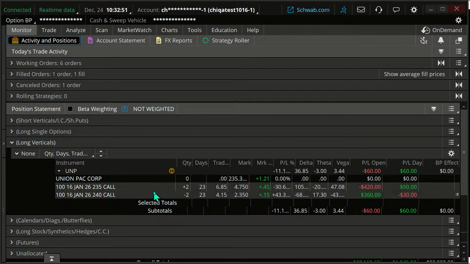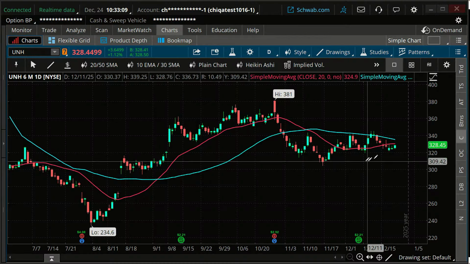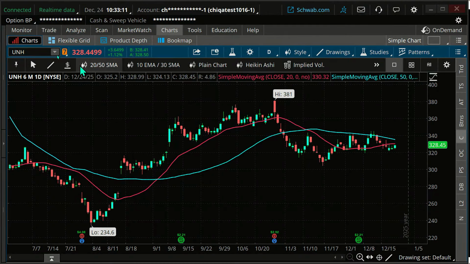I think we close it out. Alternatively, you could tighten a stop up on this if you wanted to. But in this case, it's not looking that bullish to me. It's looking more neutral than anything right now.